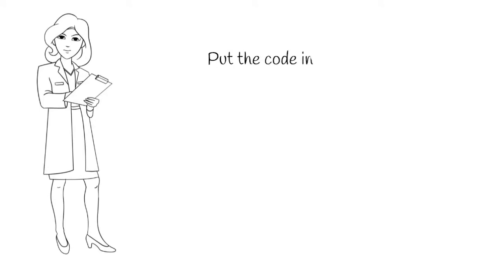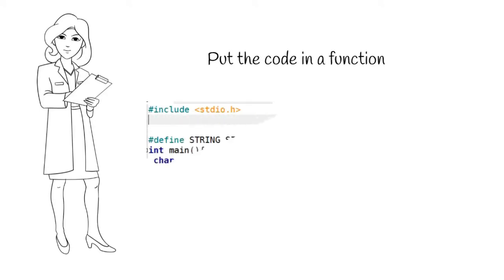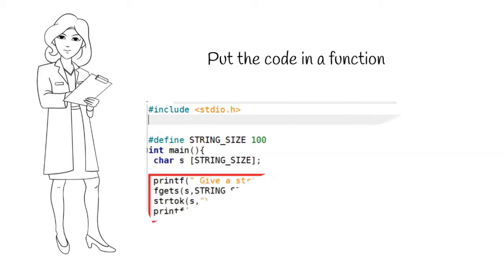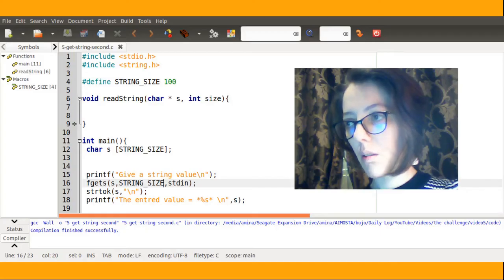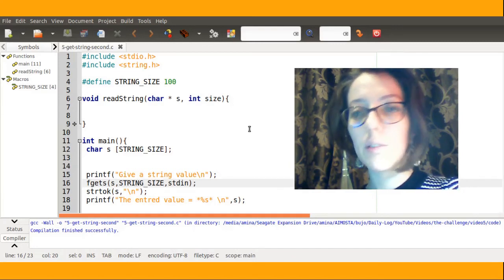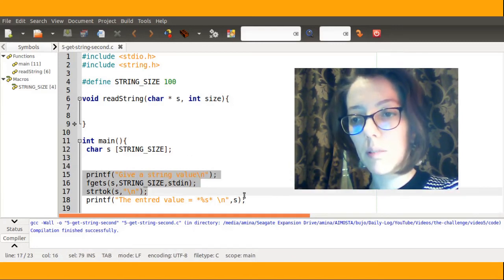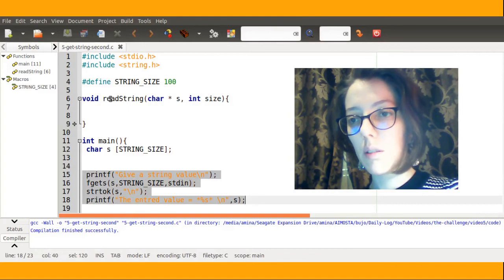The problem we can see in the previous code is that each time we want to read a string, we will have to repeat the same statement. This is why we will now write this code in a separate function. So to enhance the code, I will simply write this statement in a separate function that I will call readString.